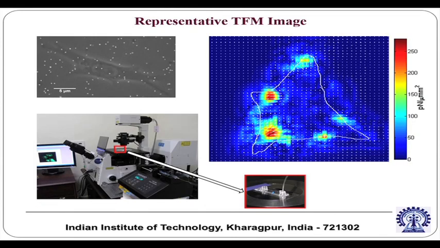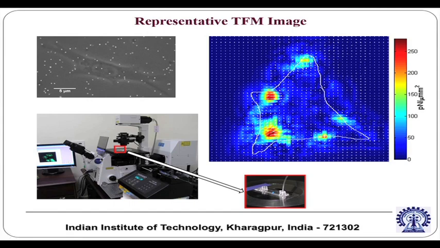As I told you, there are several image processing issues involved here. These are the various facets of the experiment. These are the fluorescent beads, and this is the experimental setup. You can see the microfluidic pump, the microscopes and the microfluidic setup here, and then a computer where you study the images.